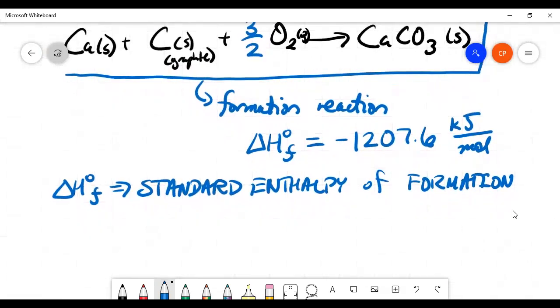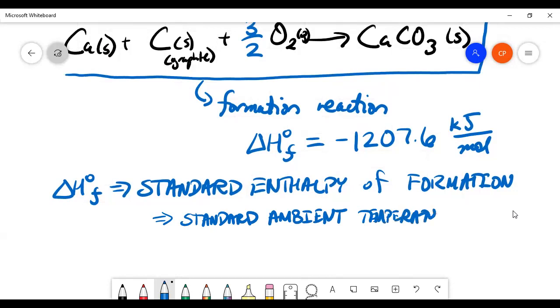Now, what does standard mean? Standard corresponds to this property set that I've talked about previously, which is standard ambient temperature and pressure.